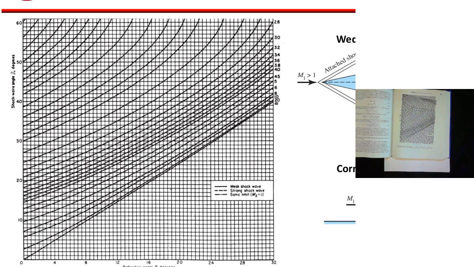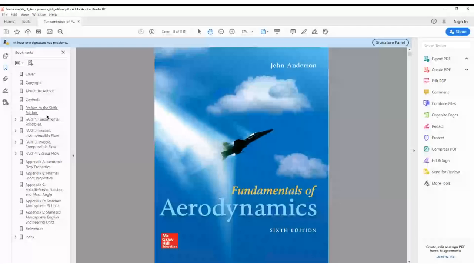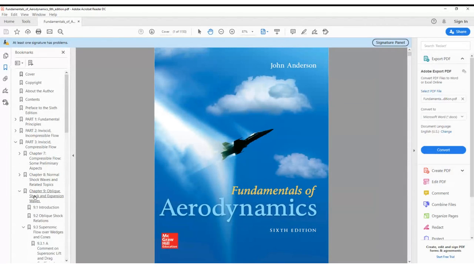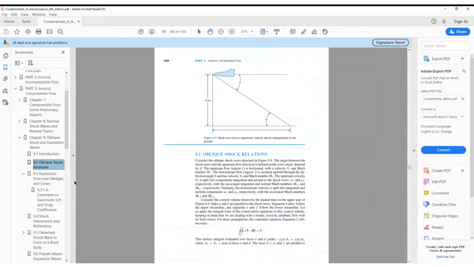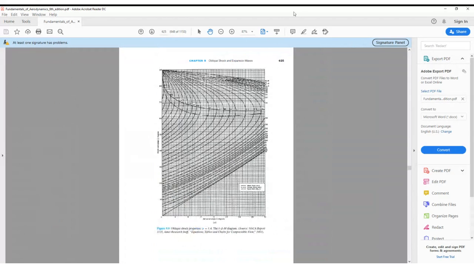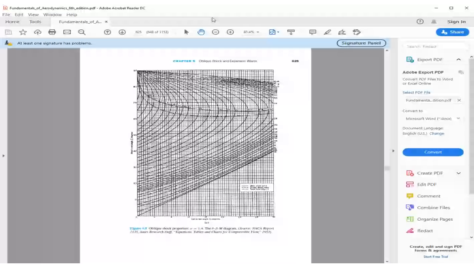Okay, so you should be able to see my PDF book. Can you see it? Yes, no, maybe? Yeah.